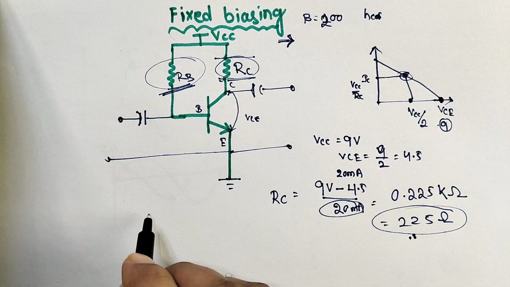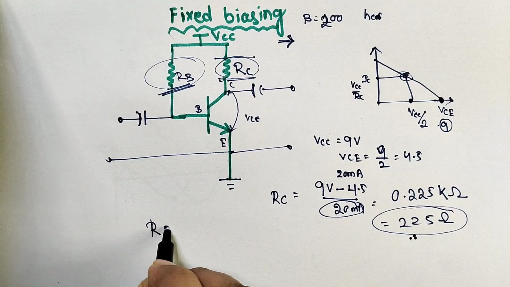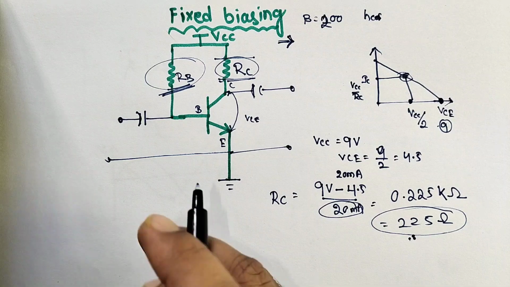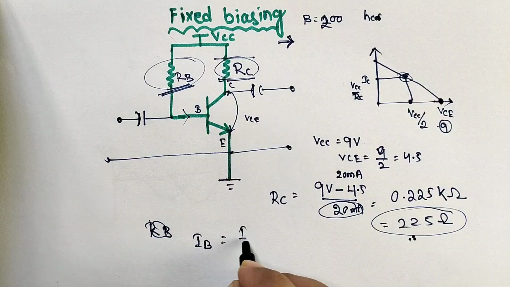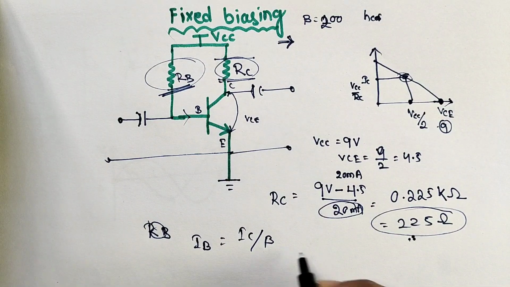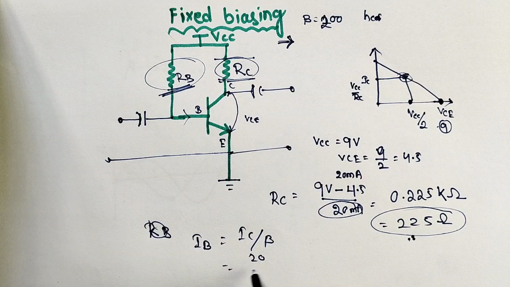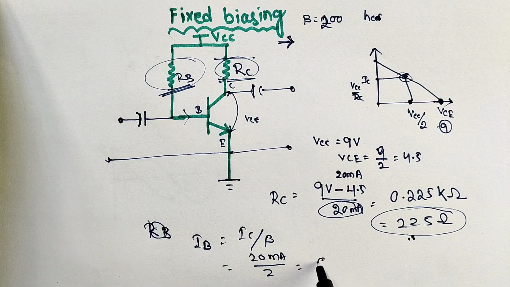From beta we can first find the IB value: IB equals IC by beta, which is 20 milliampere divided by 200, or 0.1 milliampere.